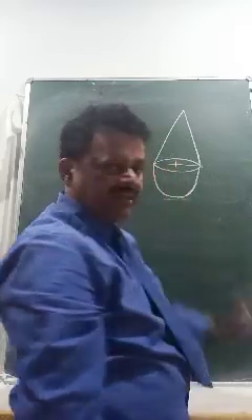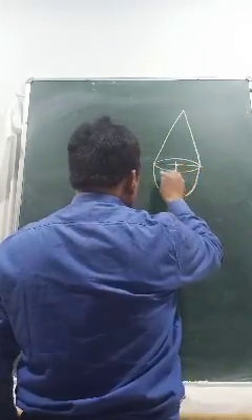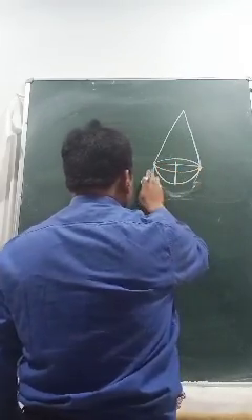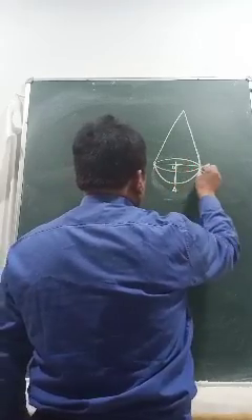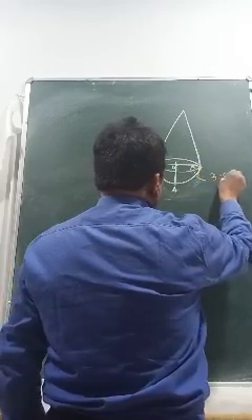Cone on a hemisphere, same radius. If this is 7, this is also 7. Let's do it nicely. This is also OA. This is 3.5.